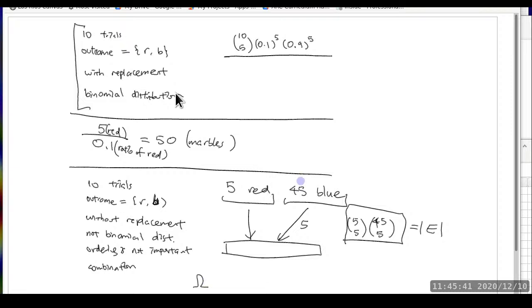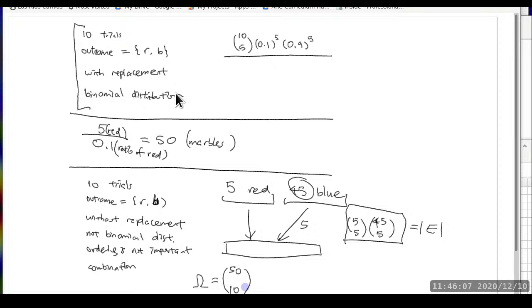the important concept here is to look at each blue marble as a different marble. In other words, we have blue marble 1, blue marble 2, blue marble 3, and then all the way up to blue marble 45. Okay, so omega is basically just saying, oh, we got 50 marbles to begin with, and we're choosing 10 of them to be in a bag.